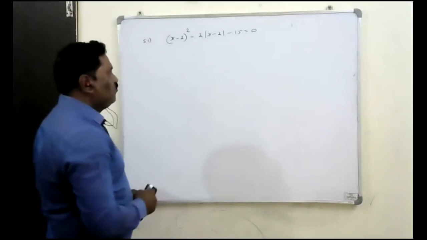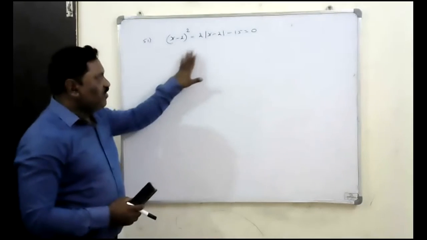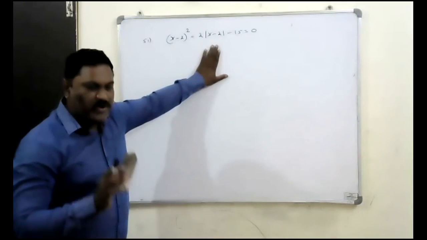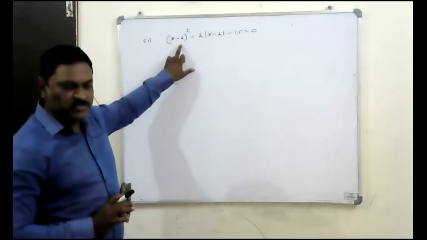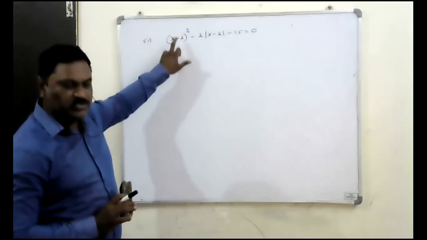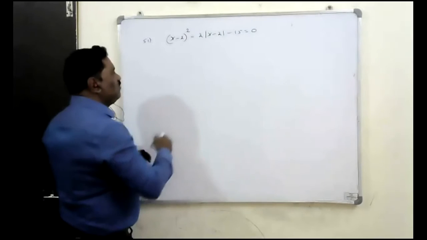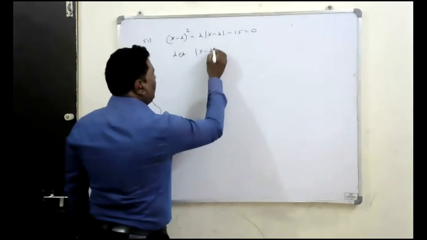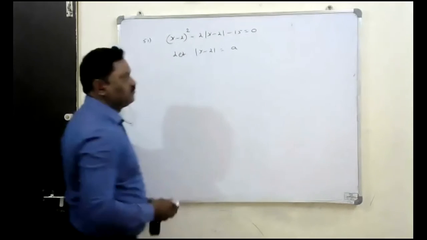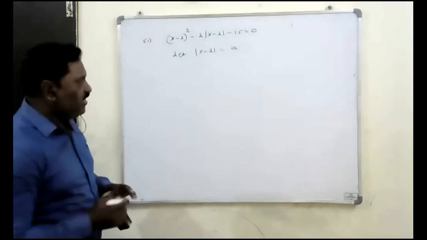Okay. To find that, if you observe, it is a quadratic equation in terms of mod x minus 2. So let mod of x minus 2 be a.